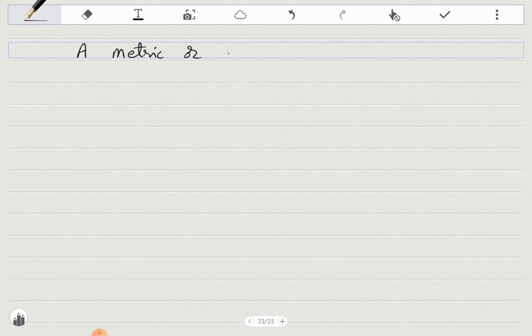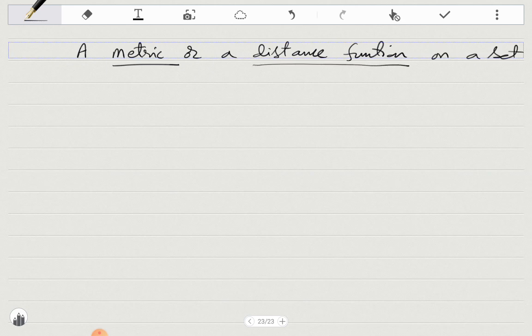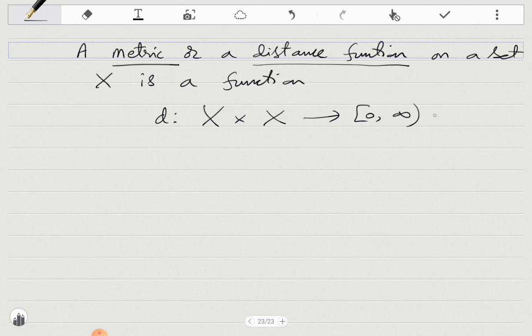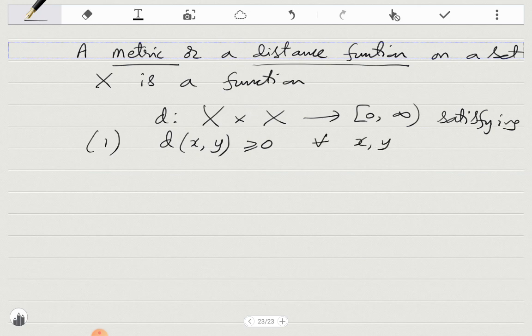A metric or a distance function on a set X is a function d from X cross X to [0, infinity) satisfying: first, distance between x and y is greater than or equal to 0 for all x, y, and d(x, y) equal to 0 if and only if x equal to y.